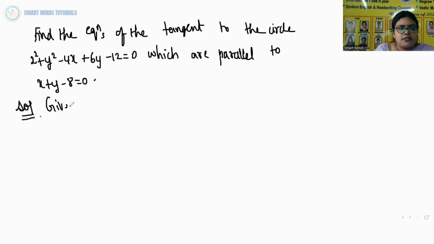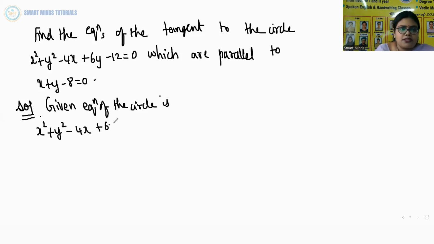So first let us take the given equation of the circle. The given equation of the circle is x square plus y square minus 4x plus 6y minus 12 is 0.